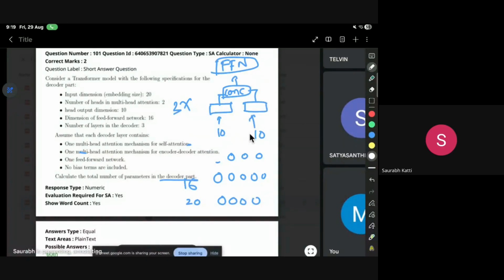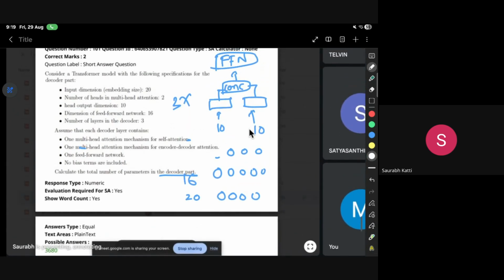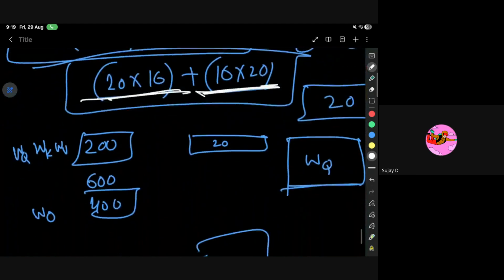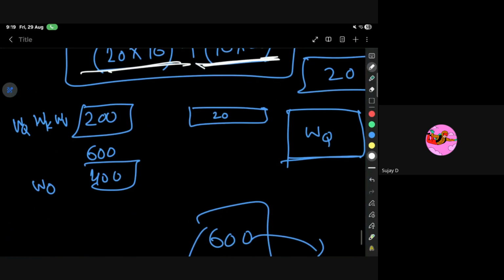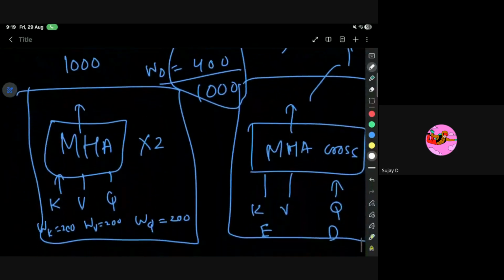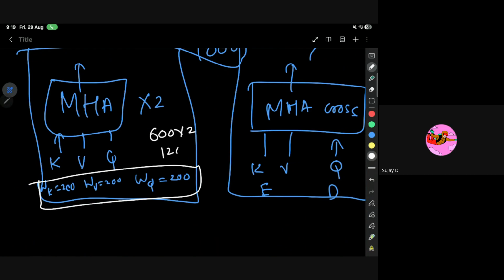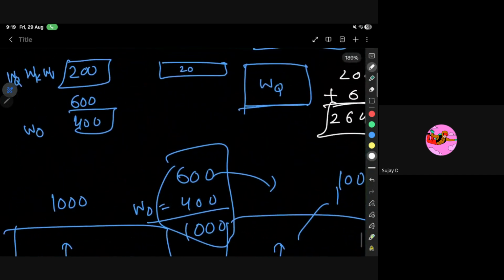Sir, I think we did not consider the number of heads. We considered, right? Give me a minute. We didn't multiply by 2, sir. Yes, that is correct. If we do that, that will come here. So this 600 into 2 will be 1200 plus 400.